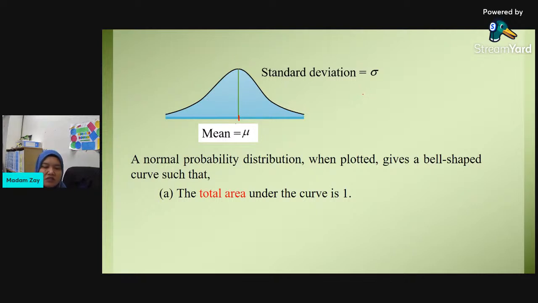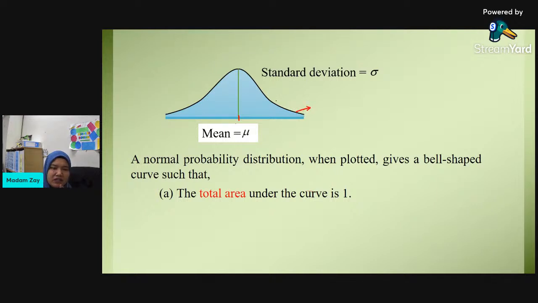And then the second one is the total probability is equal to 1. So the same thing as for the normal distribution. Okay, because normal distribution is a continuous random variable, so it will following the characteristic of continuous random variable, which is the total probability equal to 1. So the total probability will be represented as the area of under the curve of the bell shape lah.